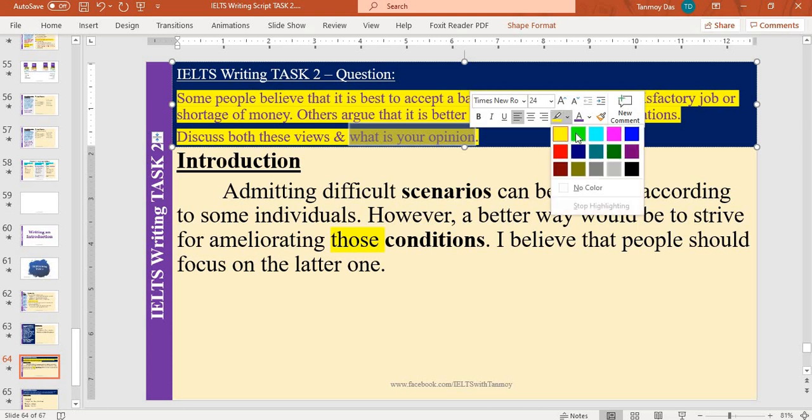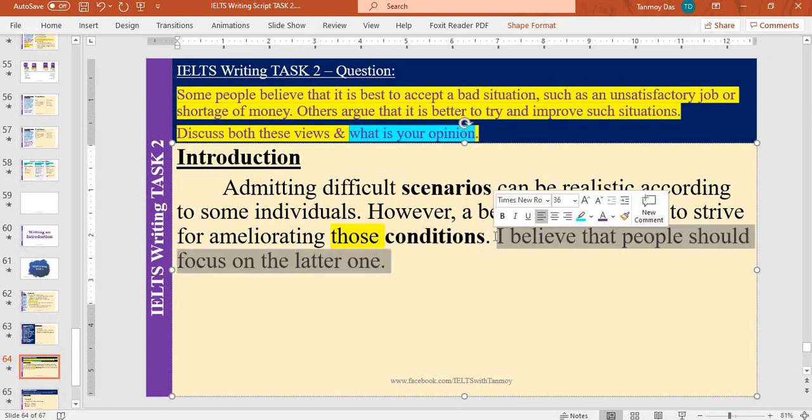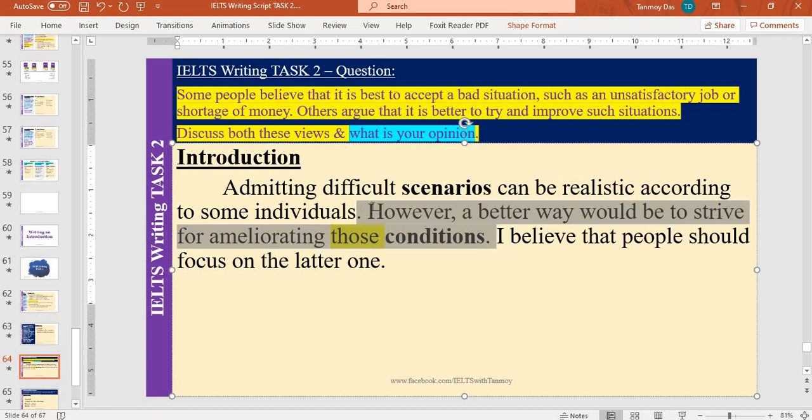The question is asking for your opinion, so you must state your opinion. I believe that people should focus on the later one. Later one means this one. Okay, so this is pretty okay introduction.